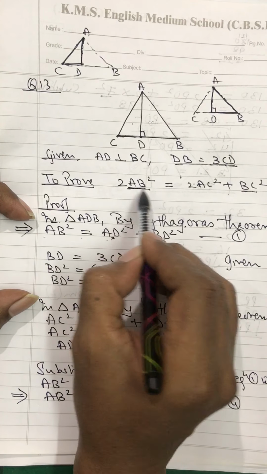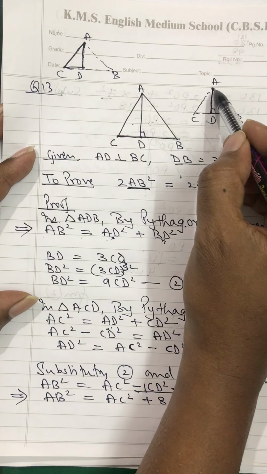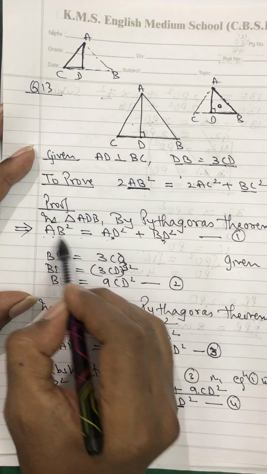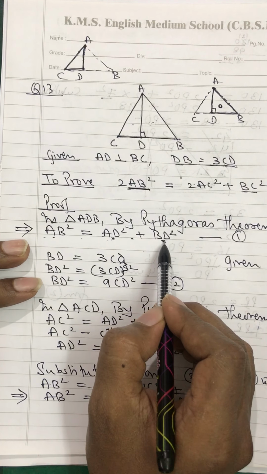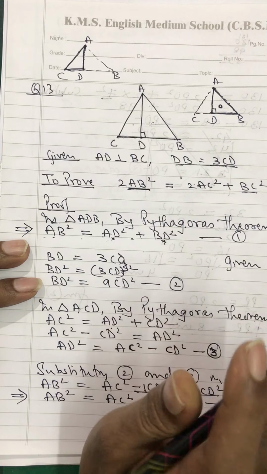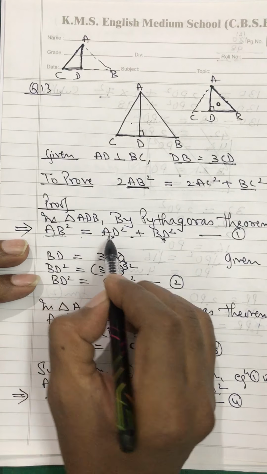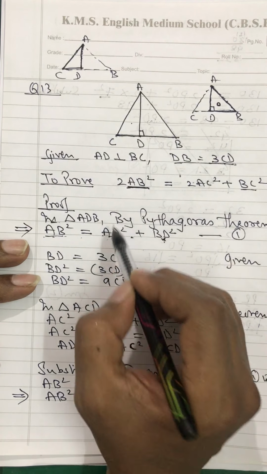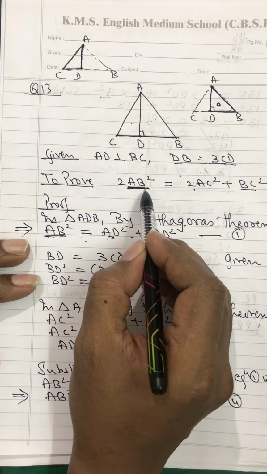I wanted to get AB square, so that's why I went in triangle ADB and applied Pythagoras theorem in AB square, and I got AB square is equal to AD square plus BD square. This is my main equation. Okay, my dear students, see, I am revising it. AB square is equal to AD square plus BD square. Always I have to compare this with this. AB square I have got.